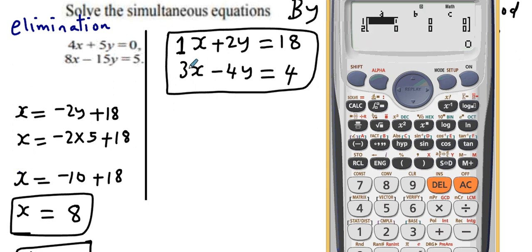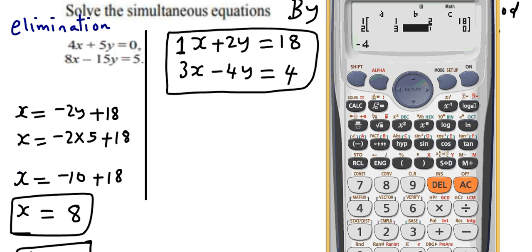Then key in what is A in equation number 1: 1 equals, 2 equals, 18 equals. Then go to equation number 2, A is 3, but B is negative 4. Remember that, negative 4. Equals, then C is 4.